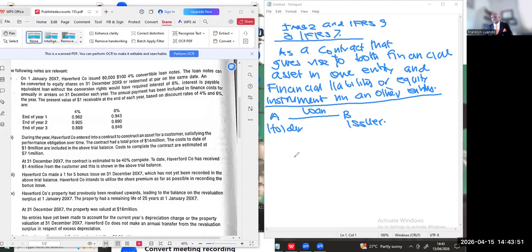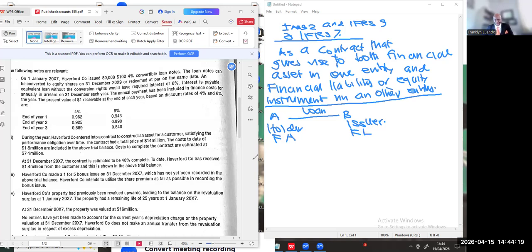They will issue a certificate under company seal acknowledging the receipt of the loan, hence the name issuer. In the books of the holder, that will be financial asset. In the books of the issuer, that will be financial liability. That is the first illustration.